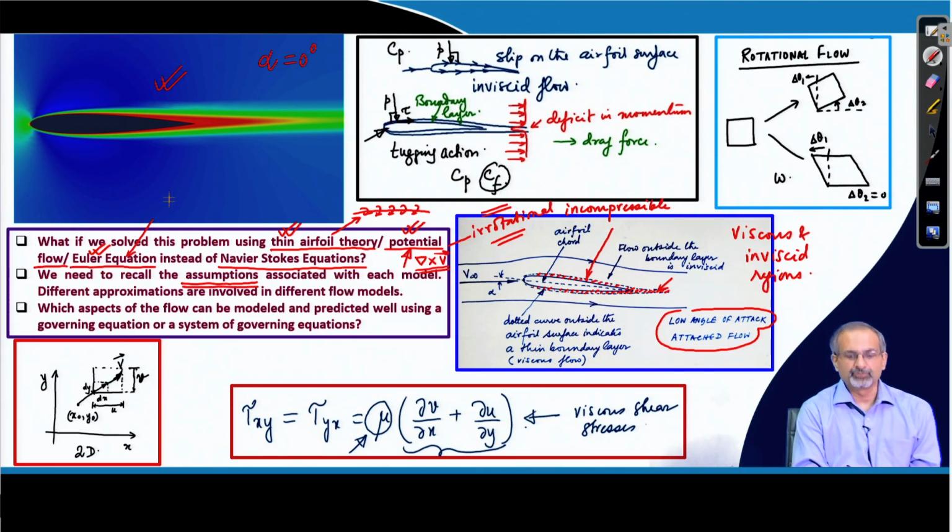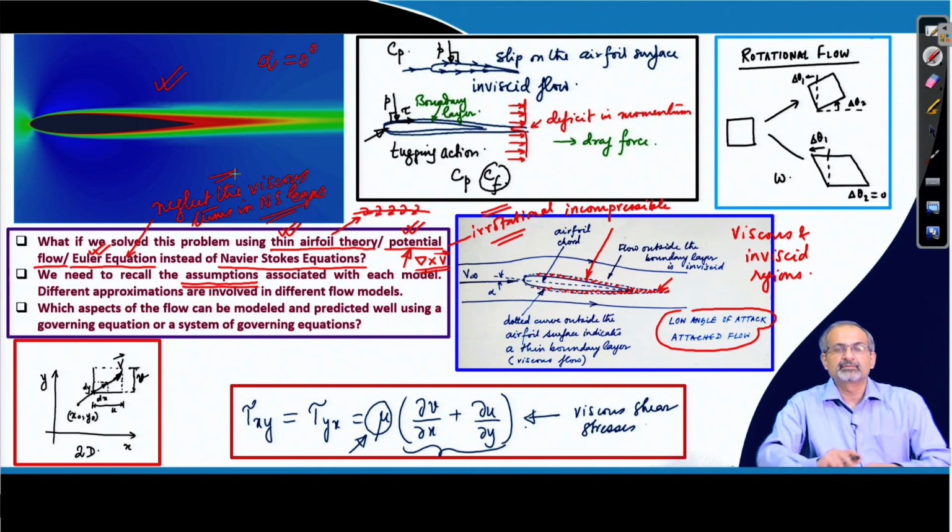You remember that if you neglect the viscous terms in Navier-Stokes equations, then you will be able to get Euler equations. That means, Euler equations have all other features like Navier-Stokes equations, apart from only the viscous stress terms.